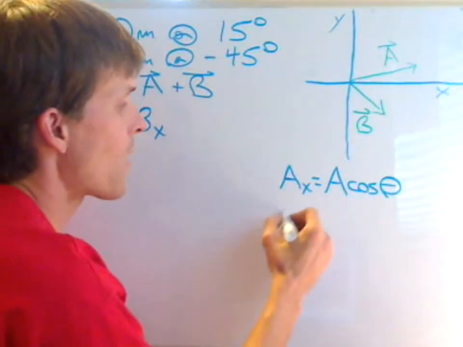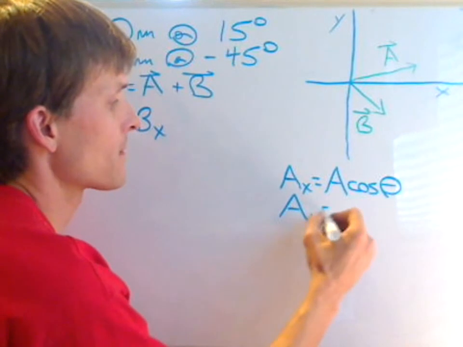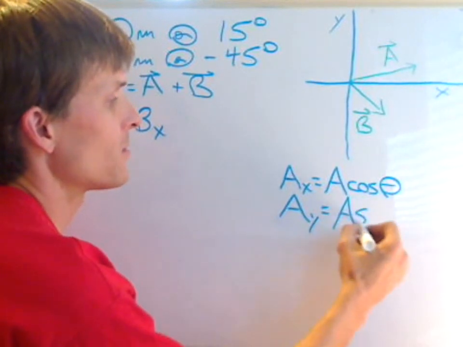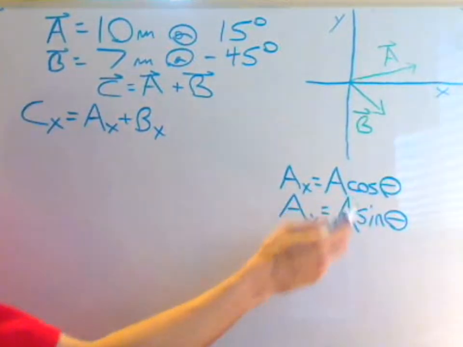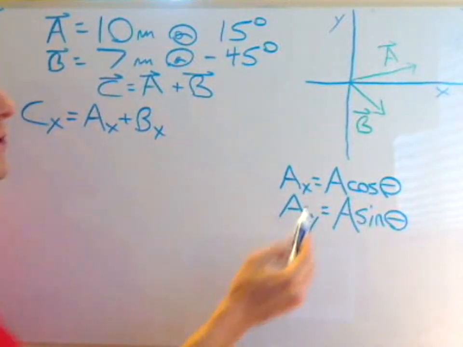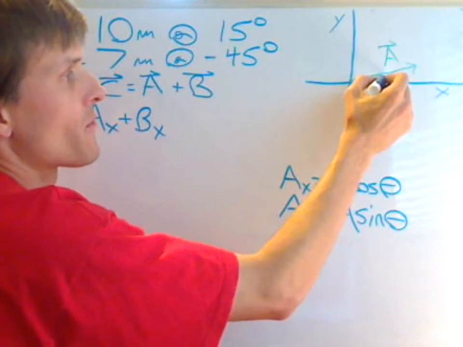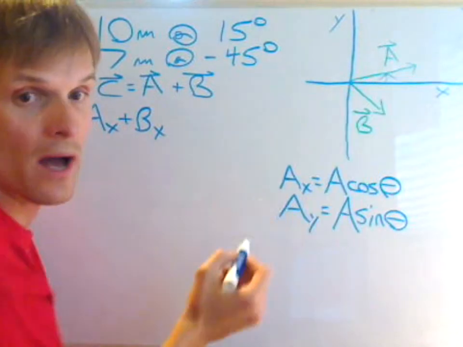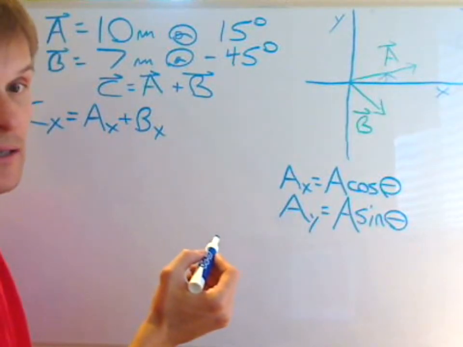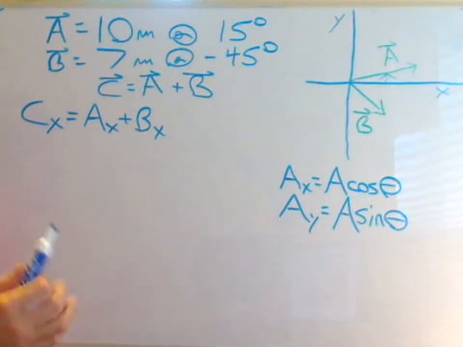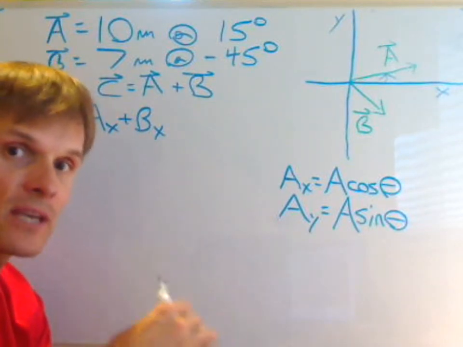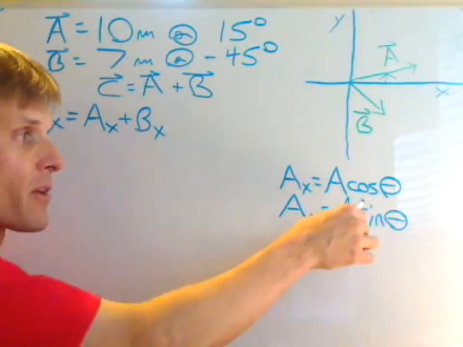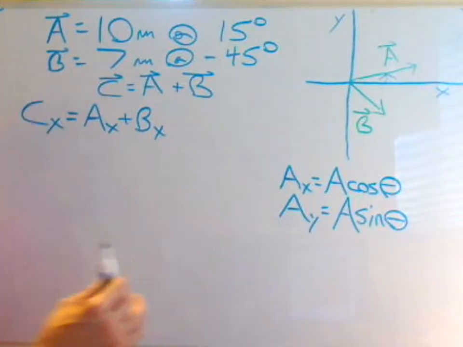And if we want to know the y component, we multiply by the sine of theta. And remember, this setup only works if we're measuring our angle from the x-axis. So if we're given a different set of angles, then we have to make sure that we set up our trig in the right way.